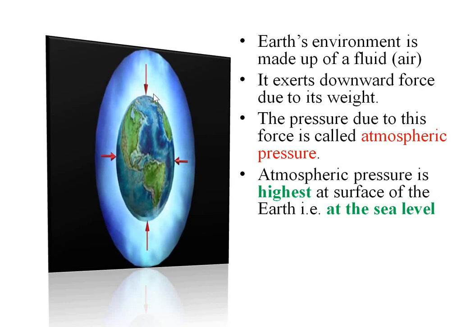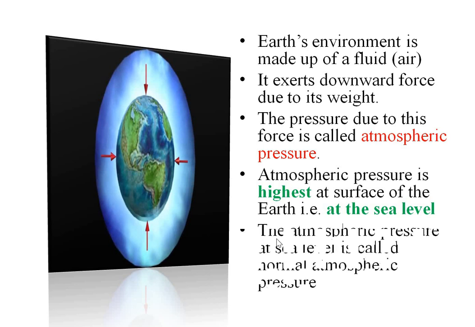Remember, atmospheric pressure is highest at sea level, that means at the surface of the earth. So the atmospheric pressure at sea level is called the normal atmospheric pressure.